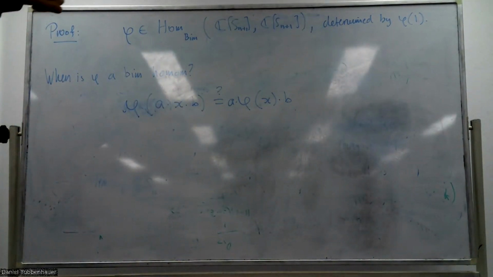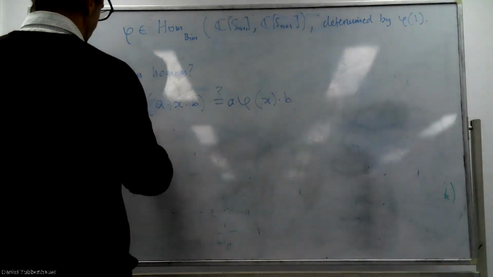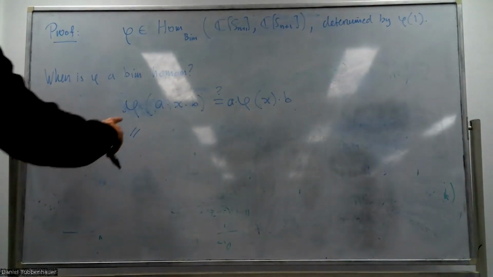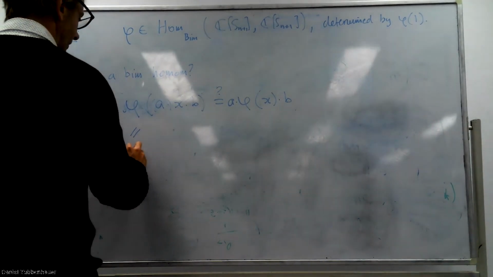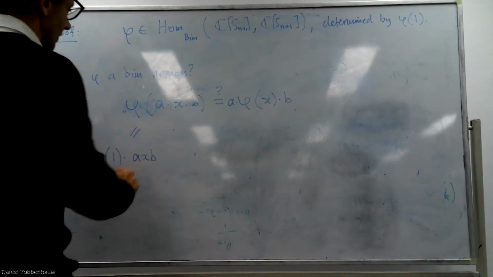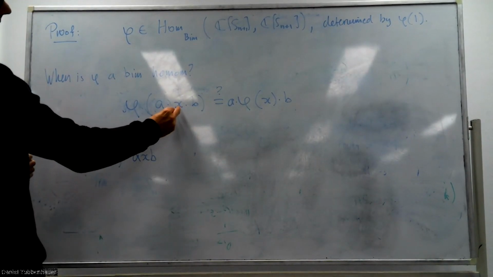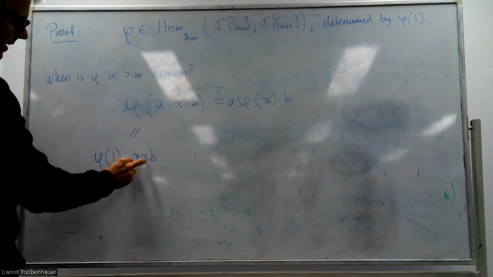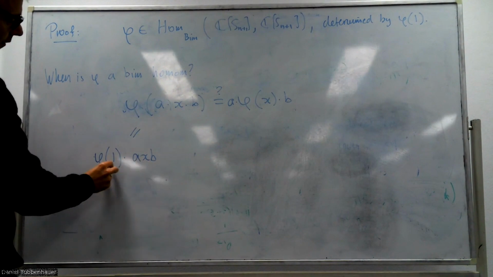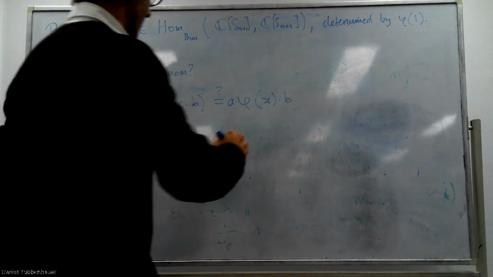And now, how do we work this out? So this is phi(1 · AxB), which is equal to AxB, and the way that I work out my Hom from phi(1) is I just multiply by AxB. So this is phi(1) times AxB.